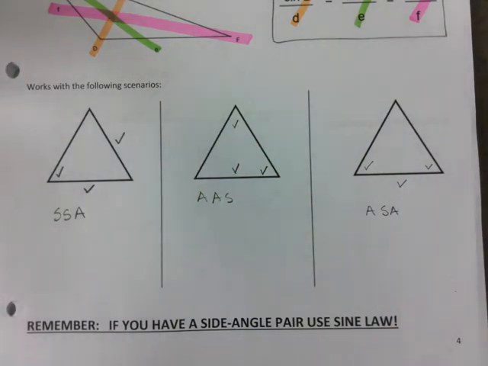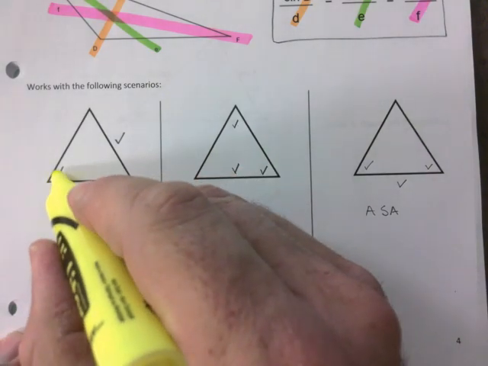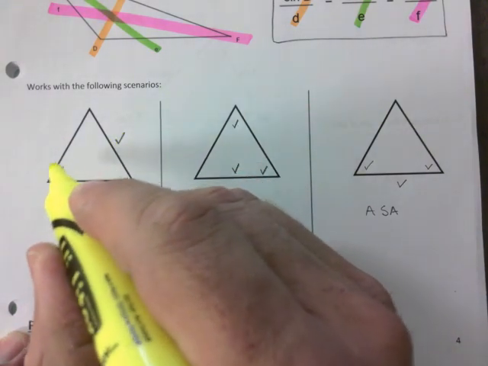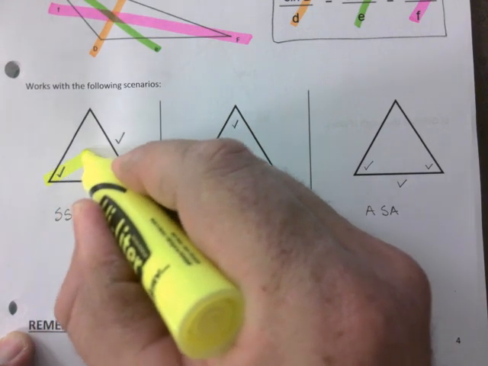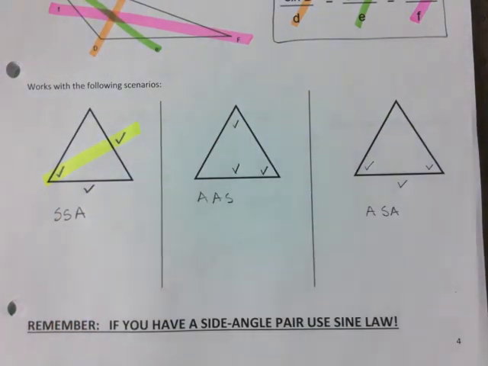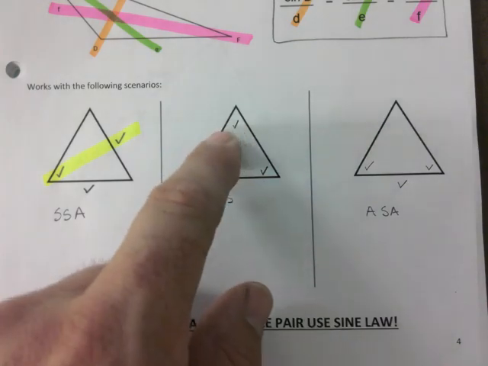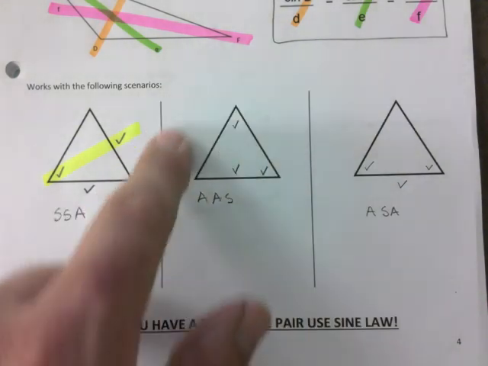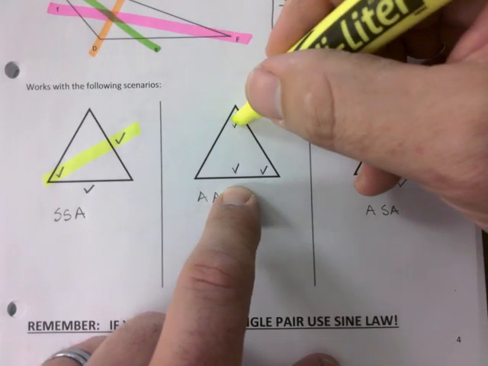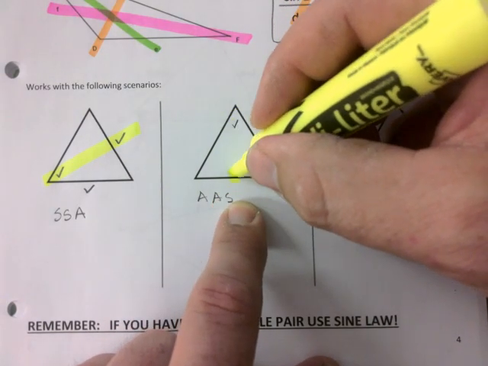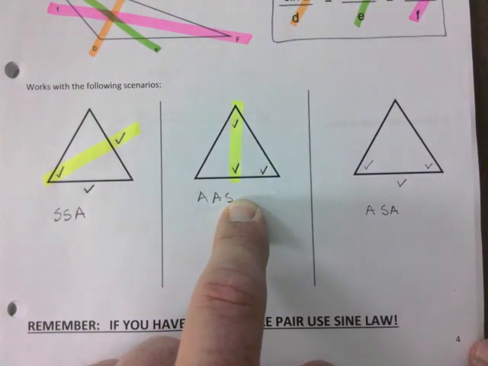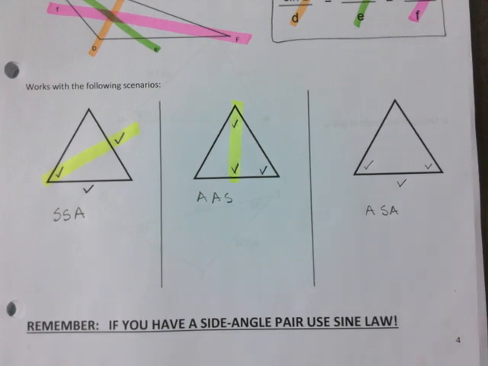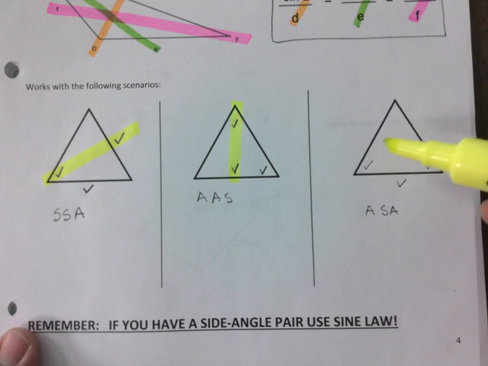And I want you to notice something. This one, you can see that there's a pair of knowns. The angle and the side, that's a pair. Perfect. I want you to notice the pattern. This one here, if you look at this triangle, is there a pair? Yes, you have the angle and the side across from it. So that is a pair. Does this one have a pair at first glance?